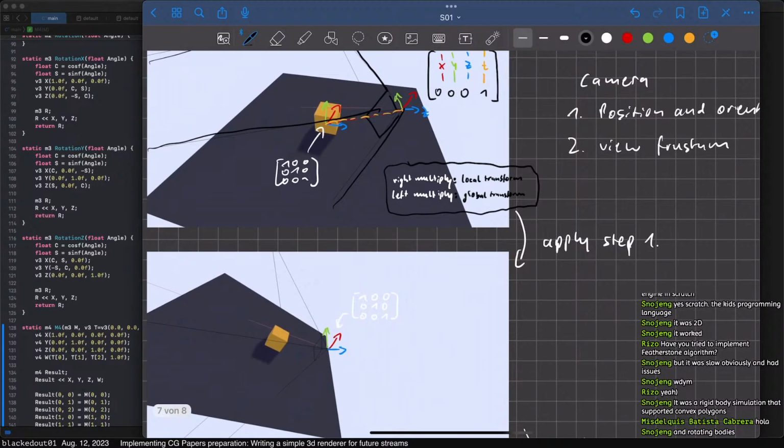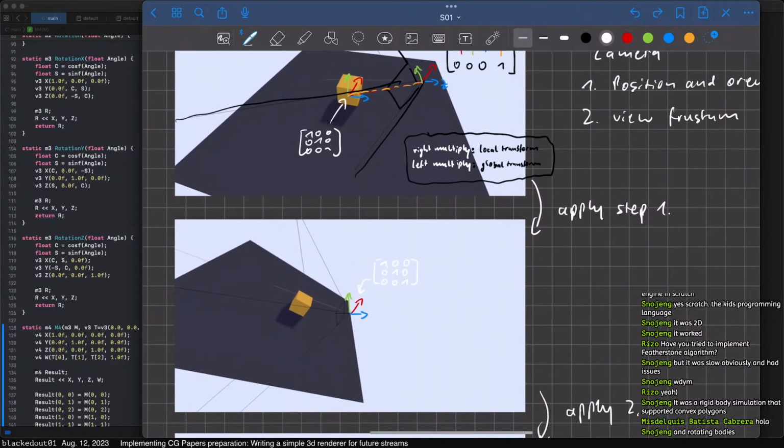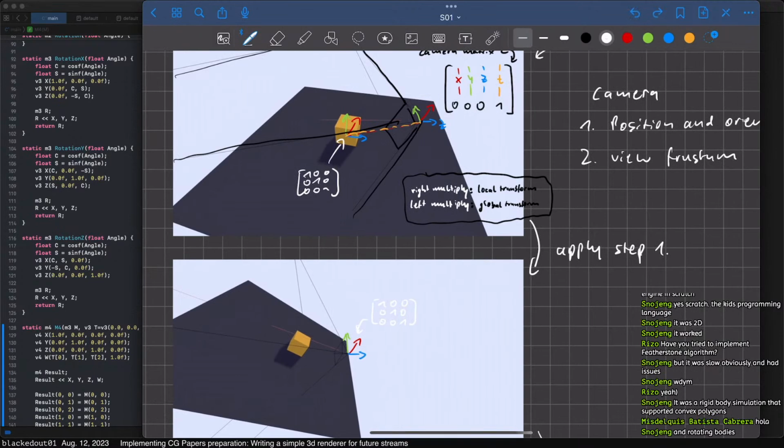Now the first thing that we want to do is to transform this image that you can see here into this image. And like I said, this here is the camera matrix.